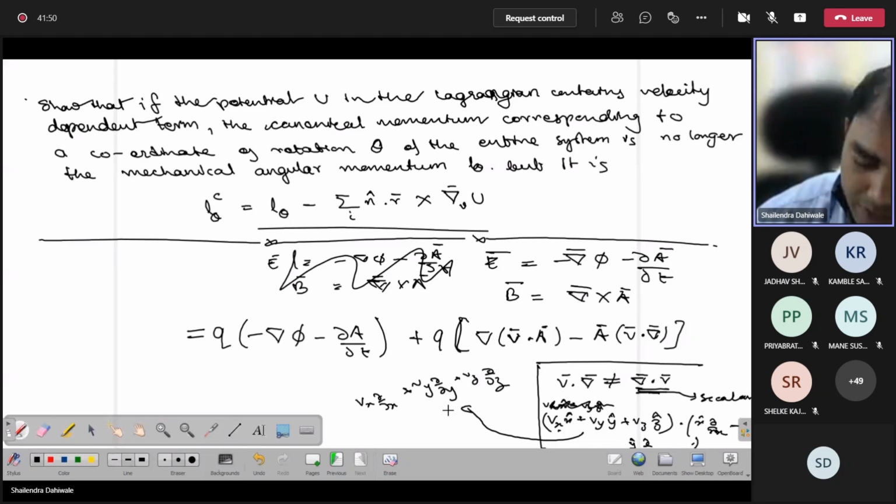This is an operator, and the other portion is actually a scalar. So they are not equal, and that's why yesterday we got confused.